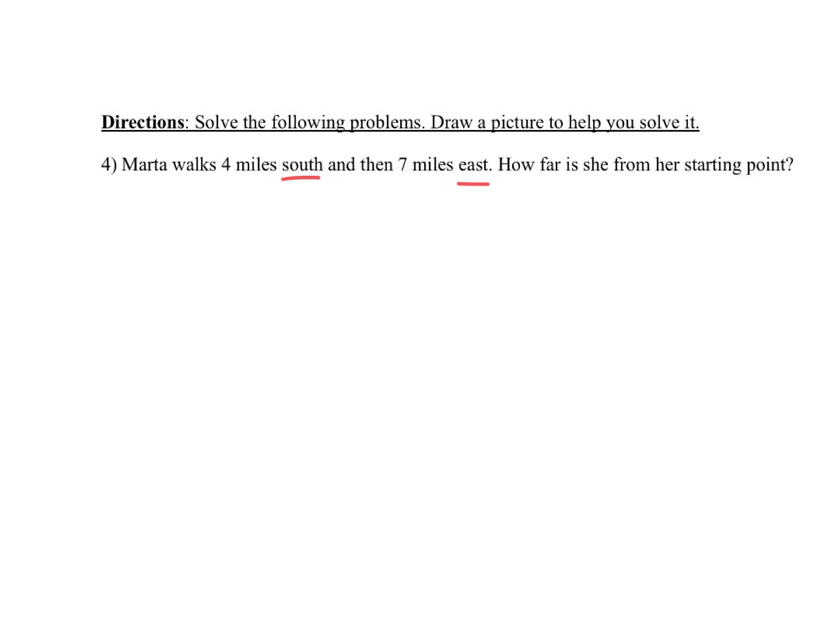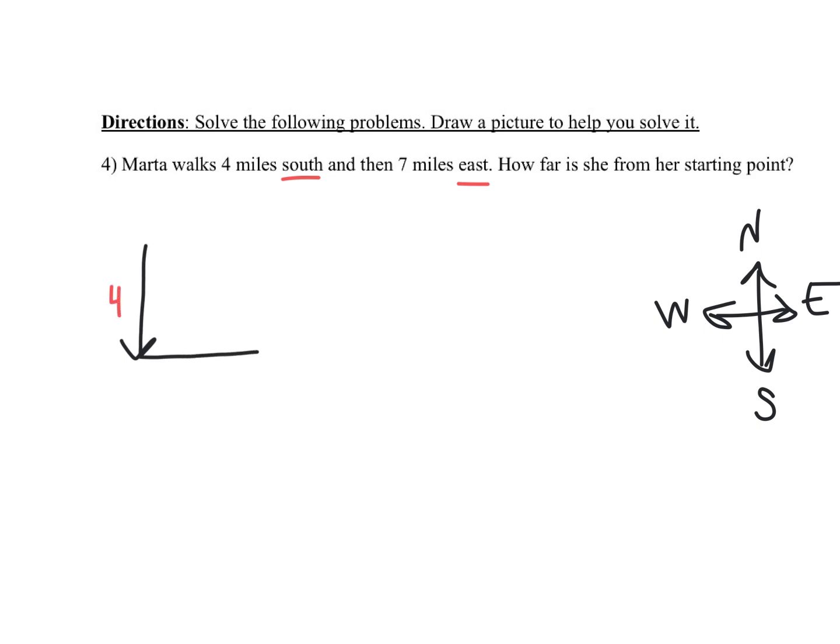Now, your prior knowledge should tell you with directions, north is up, south is down, and then east. So never eat soggy waffles is a little phrase. All right, so we're going to go south. So 4 miles south. And then Martha walks 7 miles east.